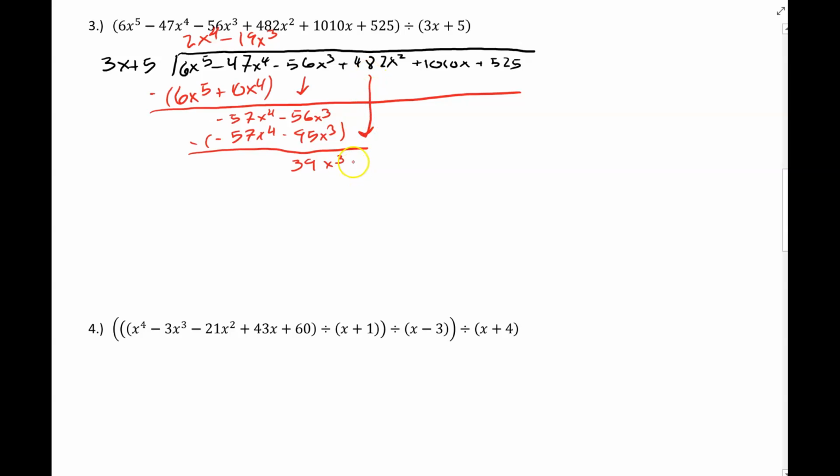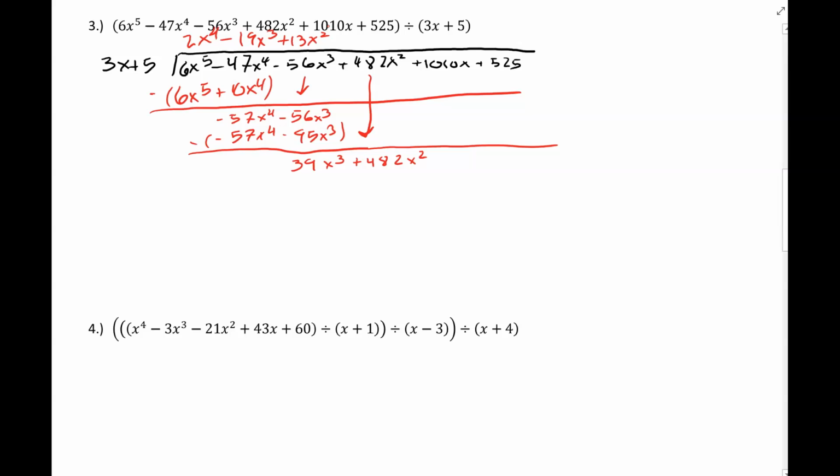And then I bring my next guy down. And I repeat and I say, okay, what times 3x gives me 39x squared? Well, it's got to be 13x squared, right?